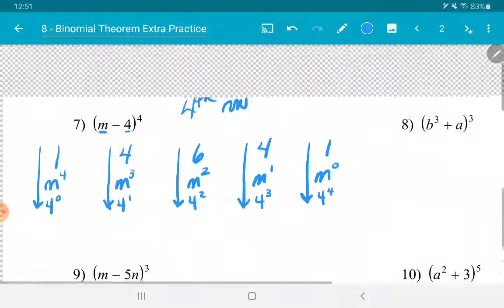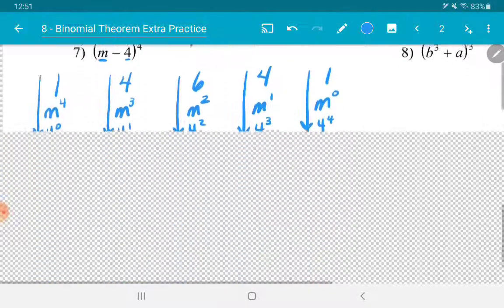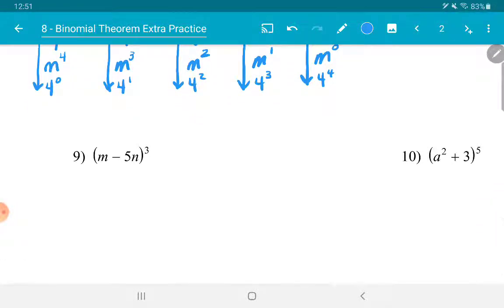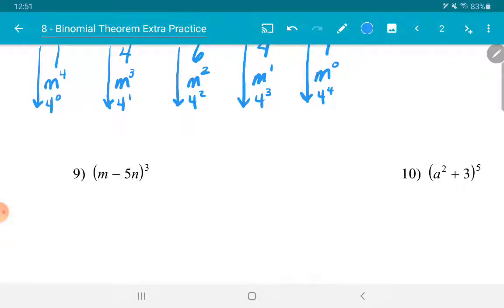So here we have 1 times m to the fourth times 4 to the 0. Here we have 4 times m to the third times 4 to the first. Here we have 6 times m squared times 4 to the second.